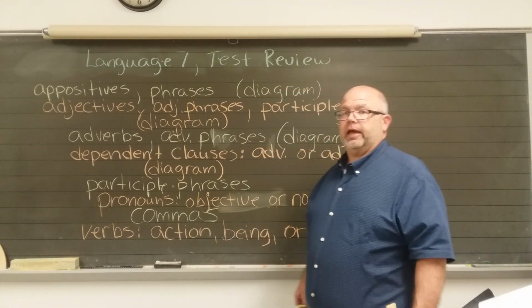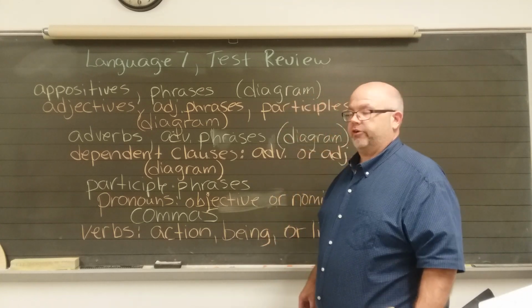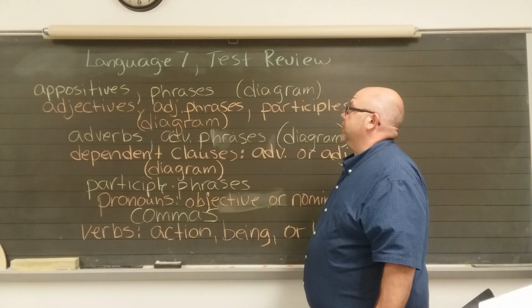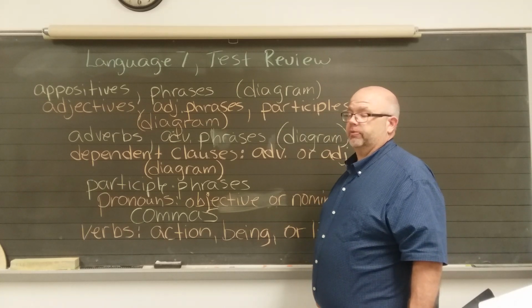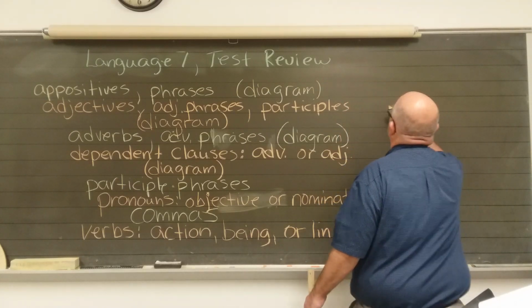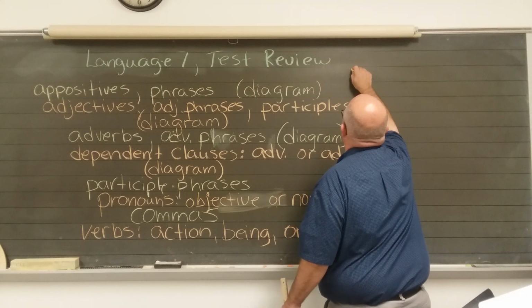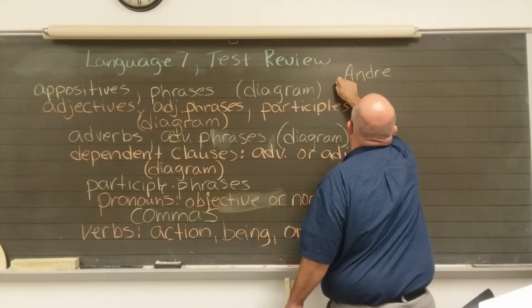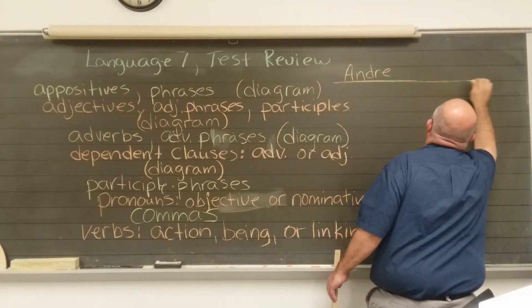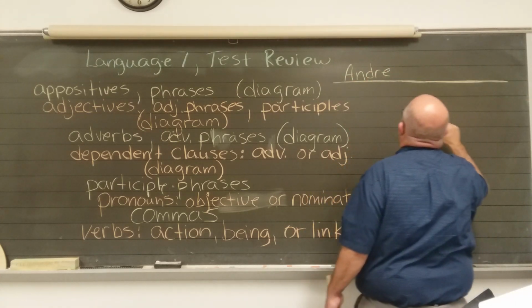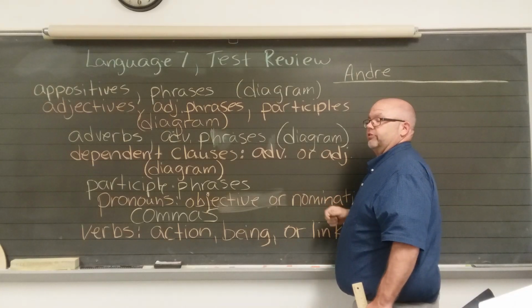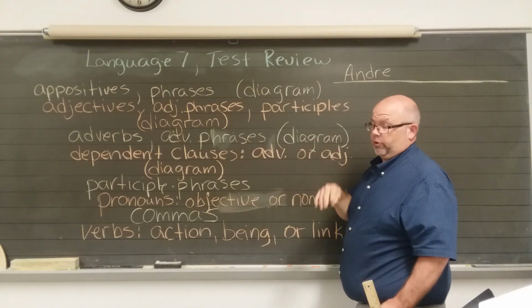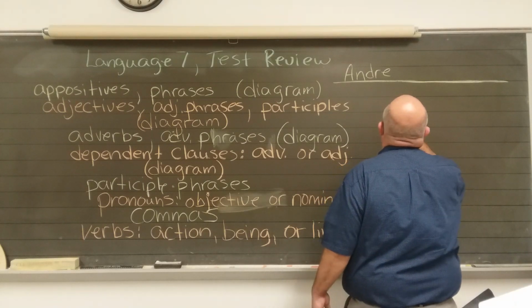Andre, a boy who loves John Deere tractors, is one of my students. All right? So we have the subject, Andre, right? A boy who loves, let's make it even easier, a boy who loves green tractors. Okay, we want to equate as much to diagram.